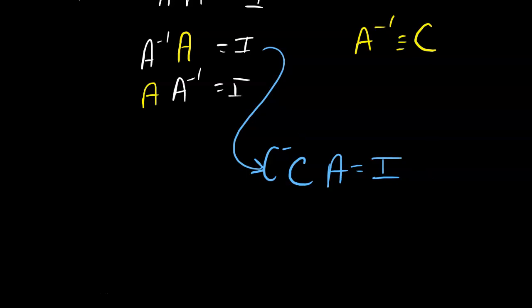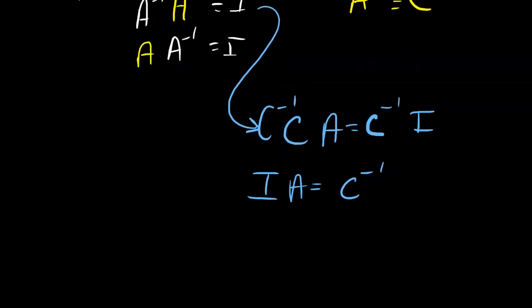What you need to be careful of here is that C inverse is multiplied on the left side, so I would also want to do that down below: C inverse times I. On the left-hand side, C inverse times C gives you the identity matrix times A. On the right-hand side, C inverse times identity is C inverse. The identity times A is just A. So A is in fact equal to the inverse of C.